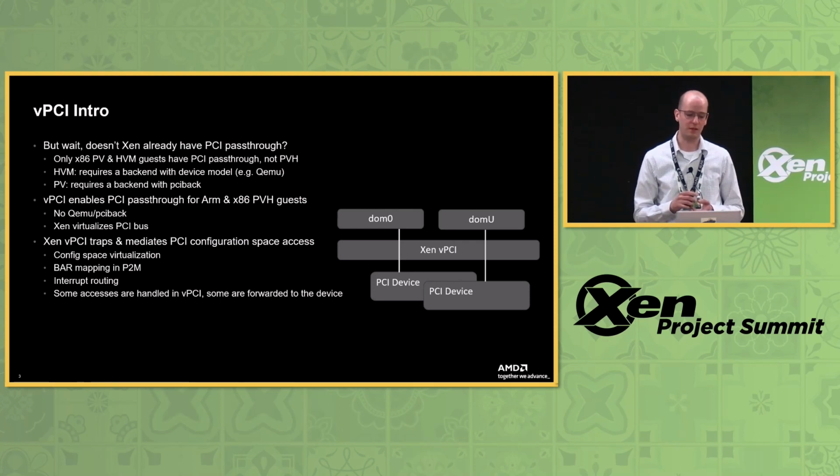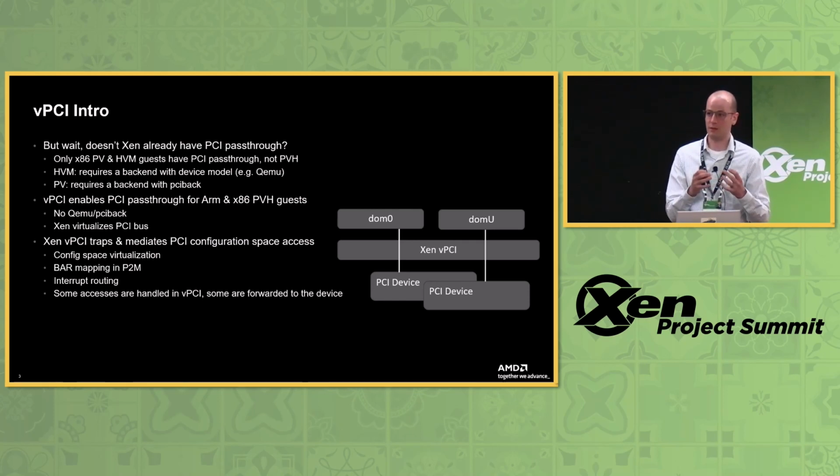Xen is handling the bar mapping in P2M. Xen is setting up interrupts, and I will also mention that some accesses are handled in Xen VPCI, and some are forwarded to the device itself.